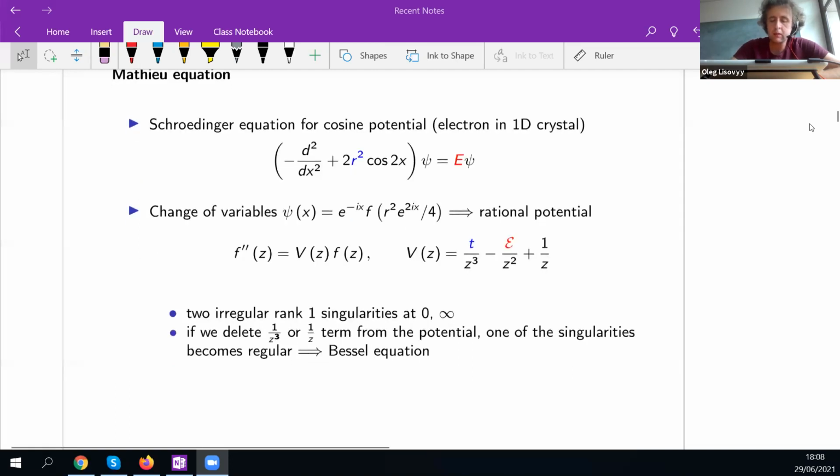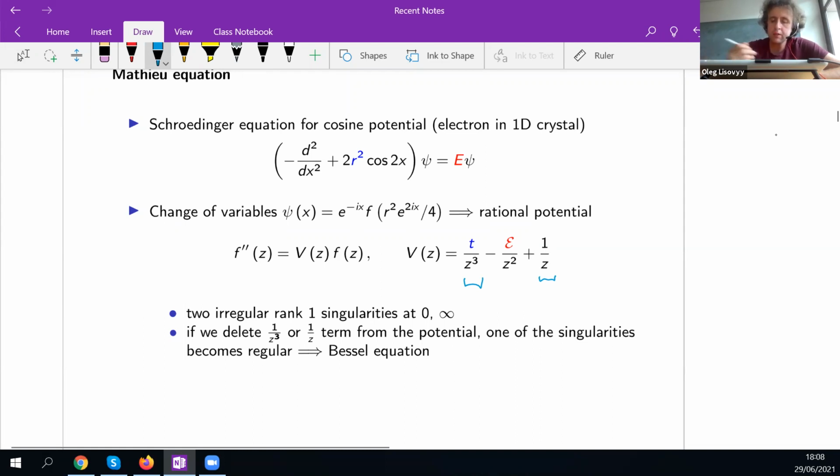Now we see that we have two irregular singular points. One is at 0, one is at infinity. In a sense, the equation that we get is a minimal non-trivial deformation of the Bessel equation. If we remove either this z^-1 term or this z^-3 term from the potential, then we get something which is reducible to Bessel.